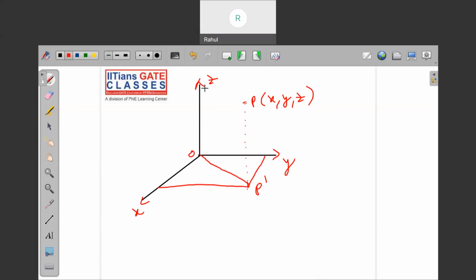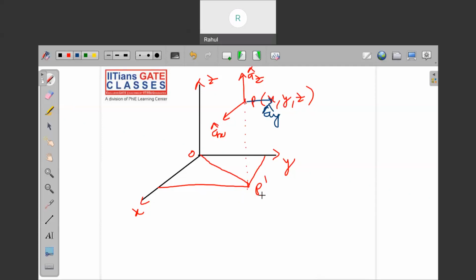Okay. So now you can see here this will be the unit vector along the z direction, right? az cap, okay, and x is increasing in this direction, right? So you can say this is your ax cap, and y is increasing in this direction, so you can say that ay will be here in this direction, right? So this is a point P, right, which has x, y, z, okay.